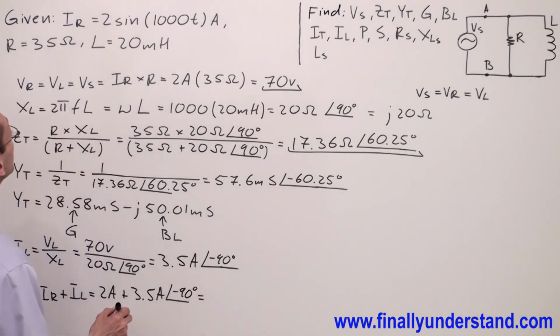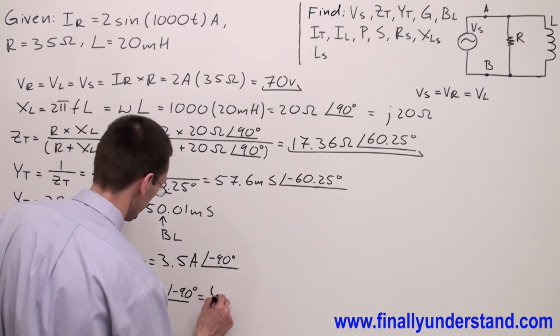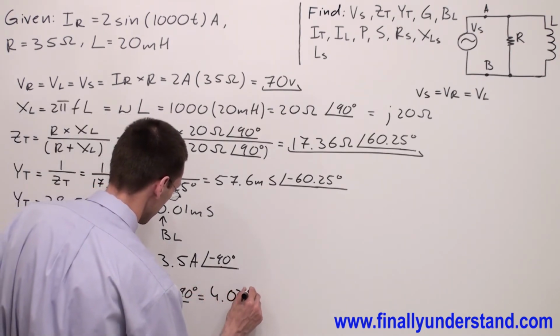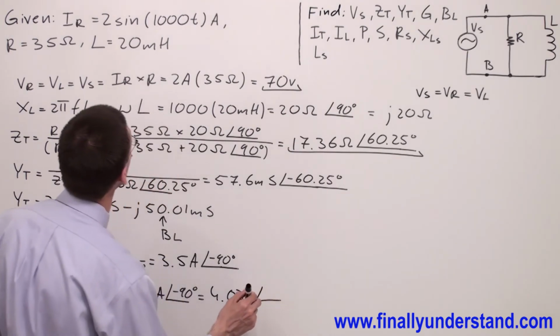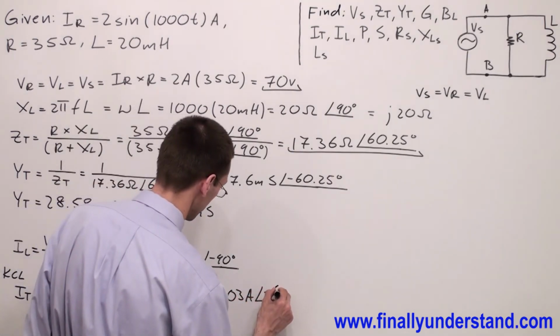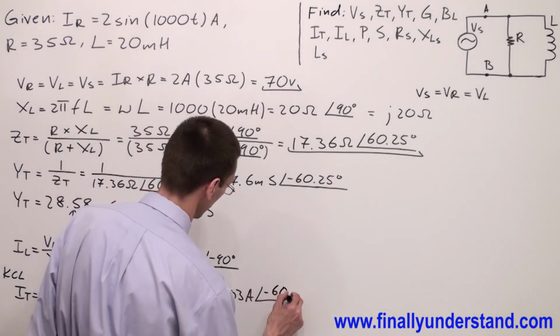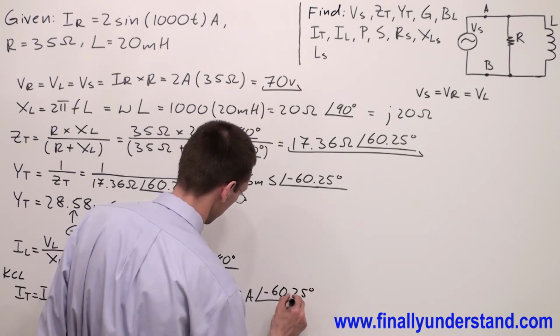This is equal to 4.03 amps and angle of negative 60.25 degrees.